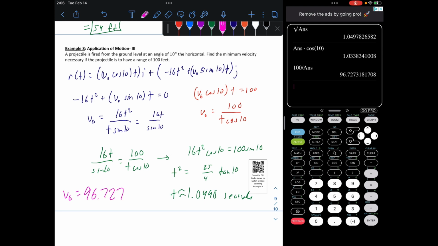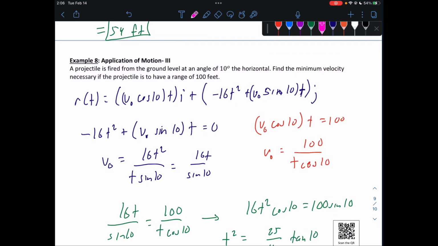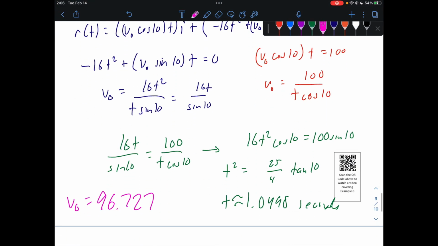What's the unit on this one? I guess they don't give us units. Feet per something. We don't know what that is though. But that's it. That is our velocity. Our minimum velocity, negative 96.727.